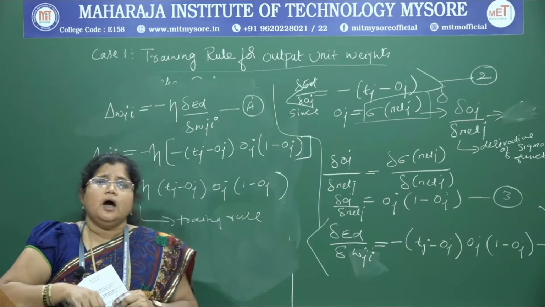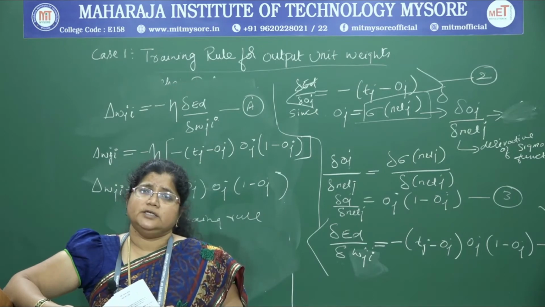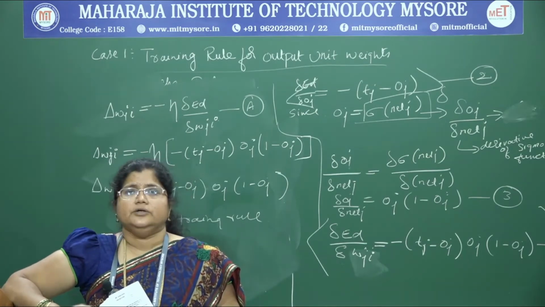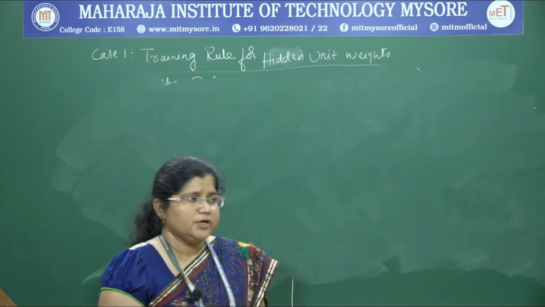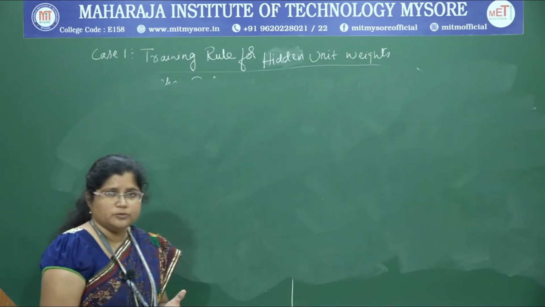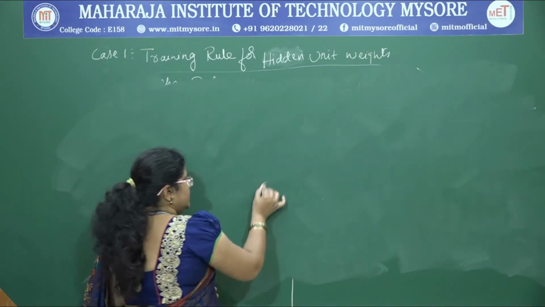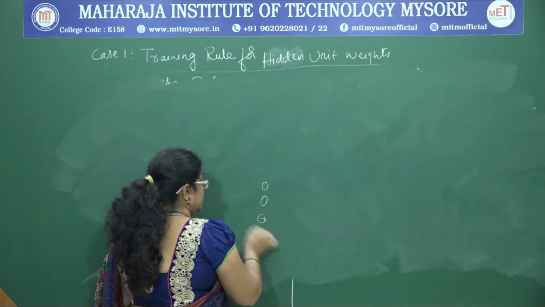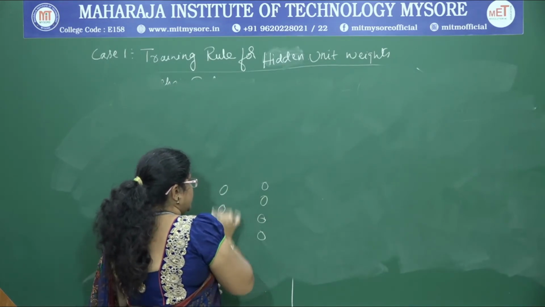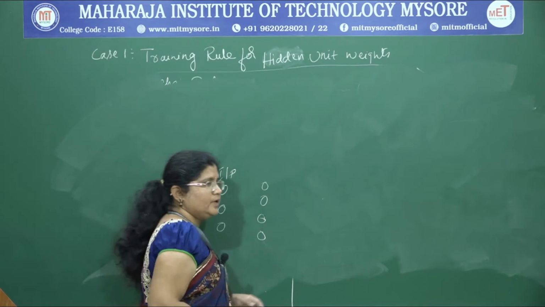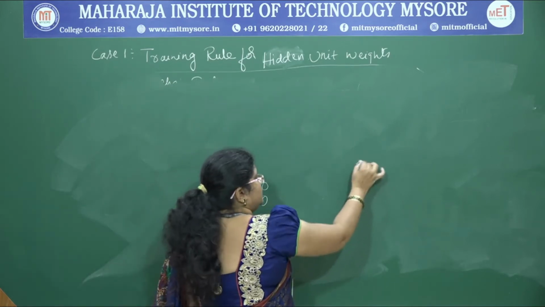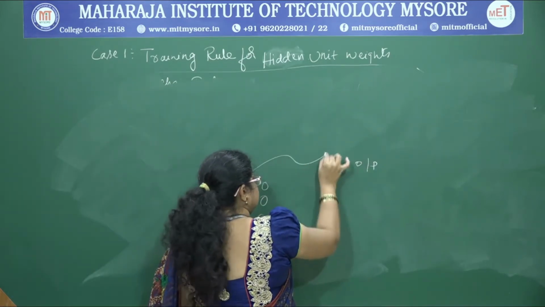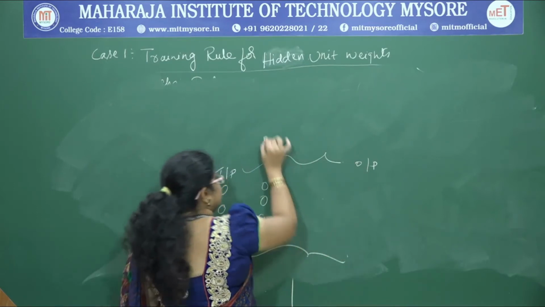Now, let us look at how we are going to update the weights in the hidden units. What happens here is, when you are considering the hidden unit outputs, let us look at the hidden layer. As you know, the input layer will be there, next the output layer will be there.